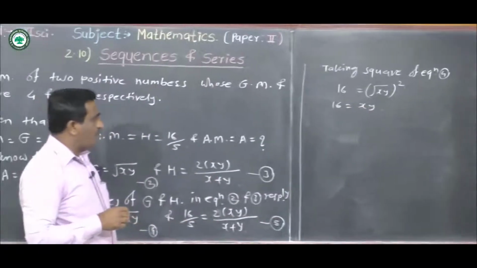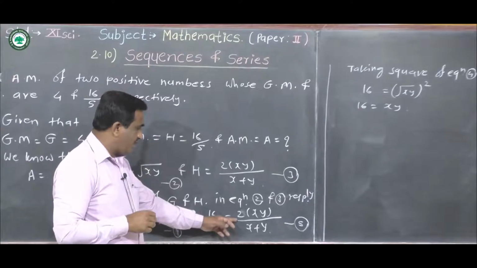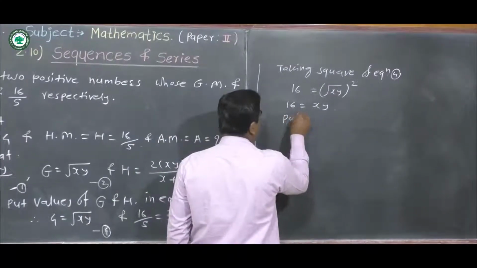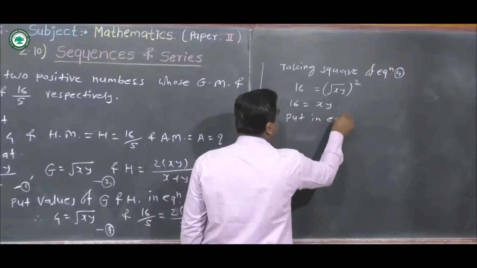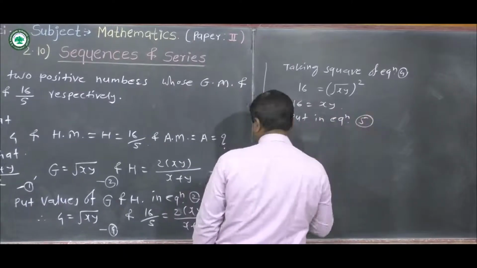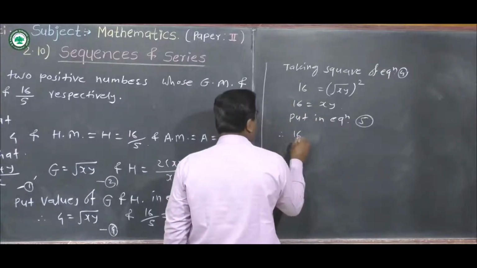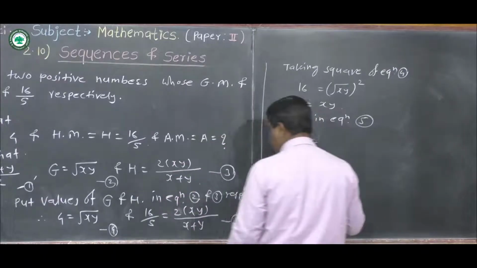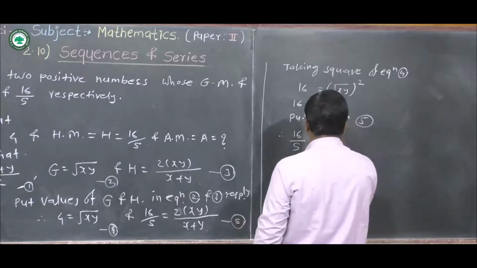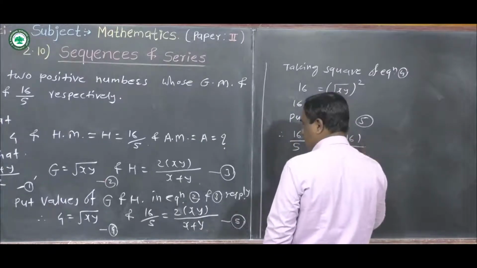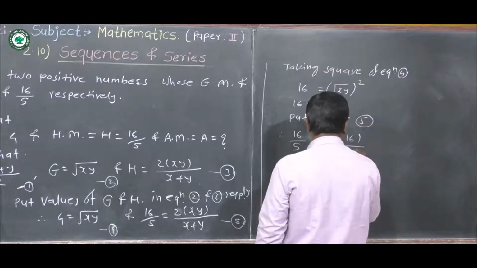Now put this value of x into y in equation 5. Therefore this equation becomes 16 upon 5 is equal to 2 into 16 upon x plus y.